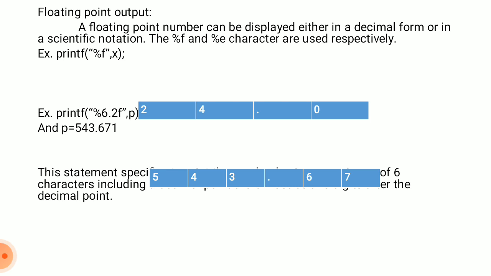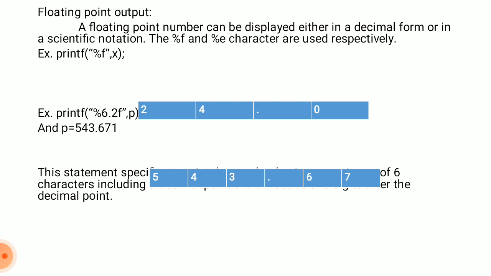543.671. So same thing, the fixed field width is 6. Before the decimal point how many digits are there? 3, that is 543, then the decimal point. And after the decimal point how many digits have we mentioned? 2f, that is only 2.